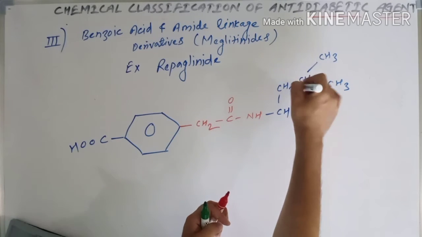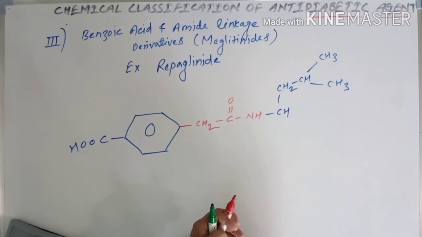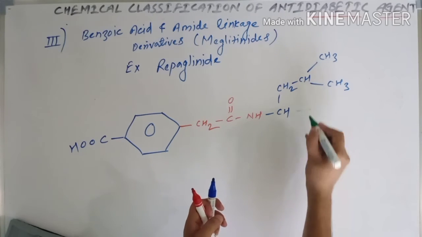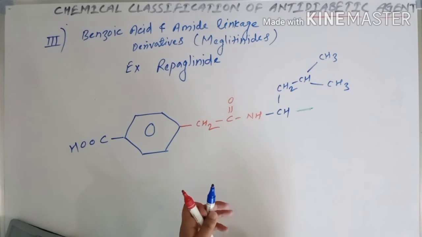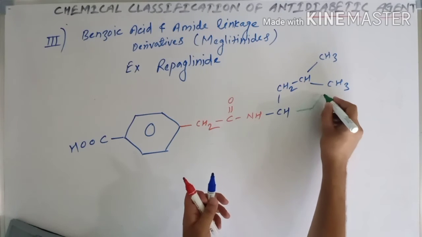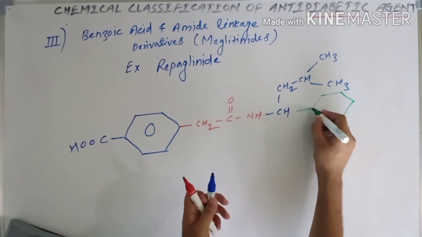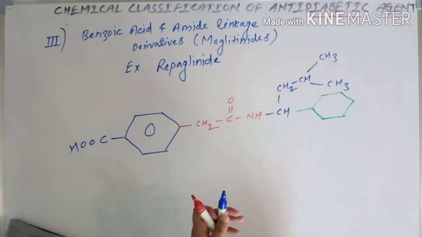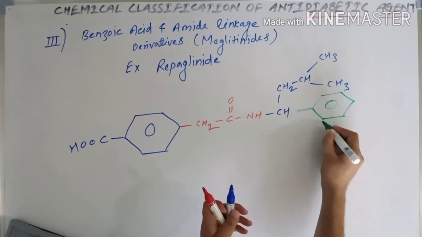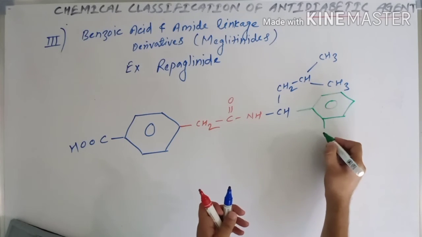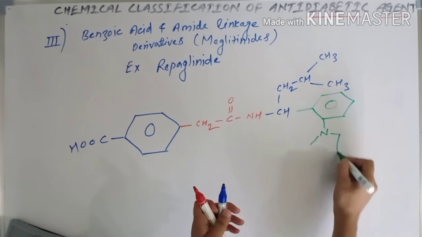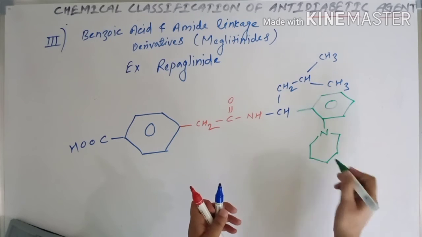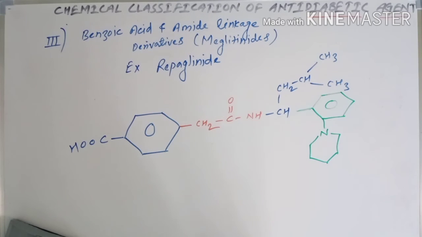This is your isobutyl, and here comes another substituent. This is your benzene ring, and here again a 6-membered saturated nitrogen containing ring.